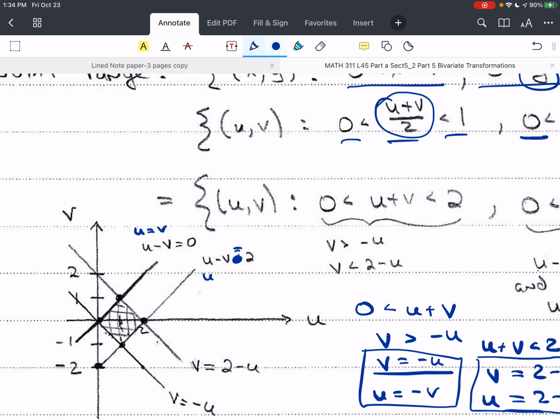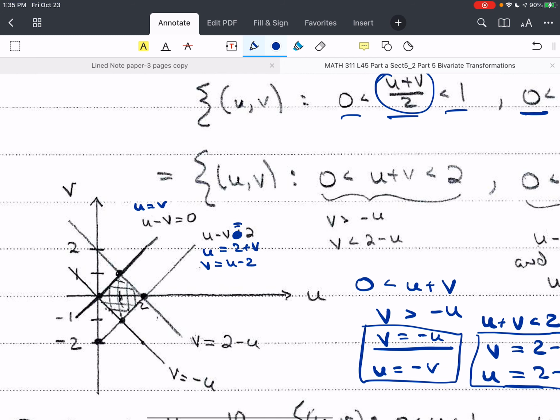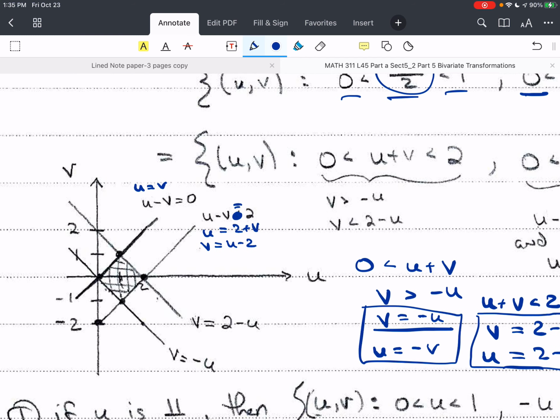This could be u equals 2 plus v, or v equals u minus 2. This line is v equals 2 minus u, or u equals 2 minus v. And of course I have v equals negative u or u equals negative v, depending on which way I'm integrating.